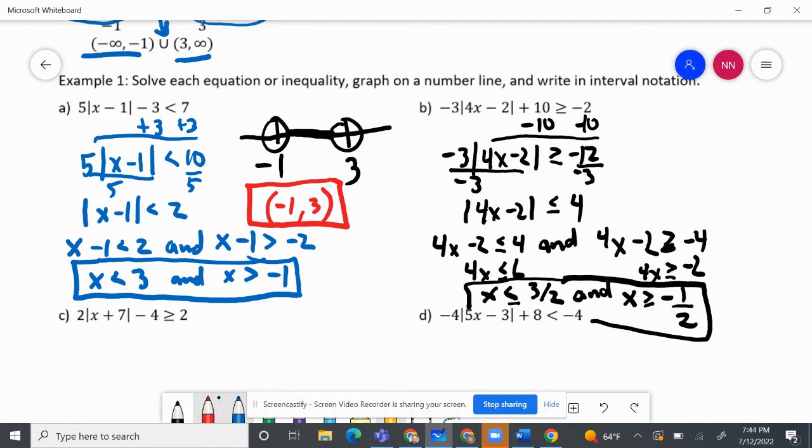Now, when I'm graphing it on the number line, the first number is -1/2 on the left, and on the right is 3/2. Remember, they go in numerical order. Both of these are closed circles, and since it's an and statement, it goes in the middle. The interval is going to be two brackets, -1/2 and 3/2.